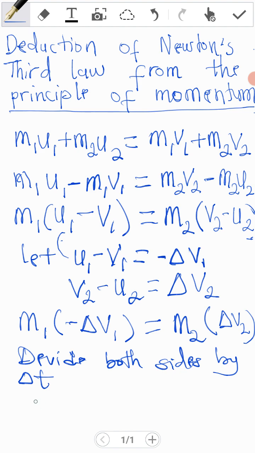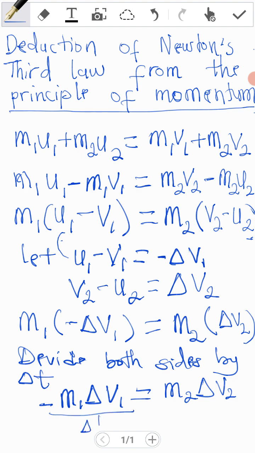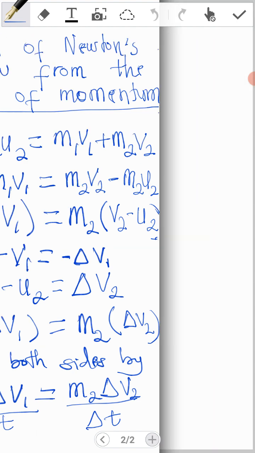So we would have negative m1 change in velocity 1 is equal to m2 change in velocity 2, and then we divide them by change in time. Right. Okay. Now let's move to the next page.